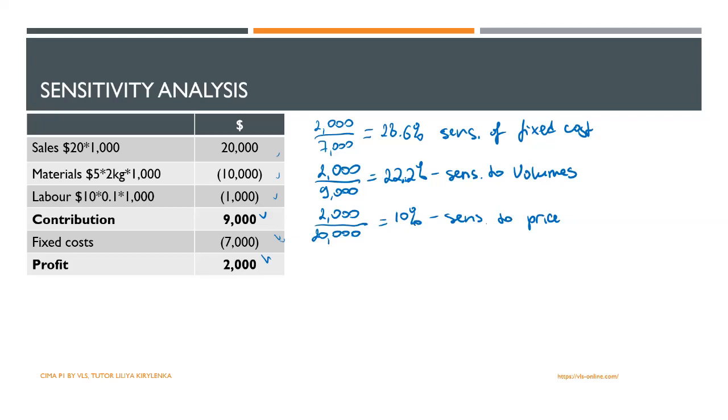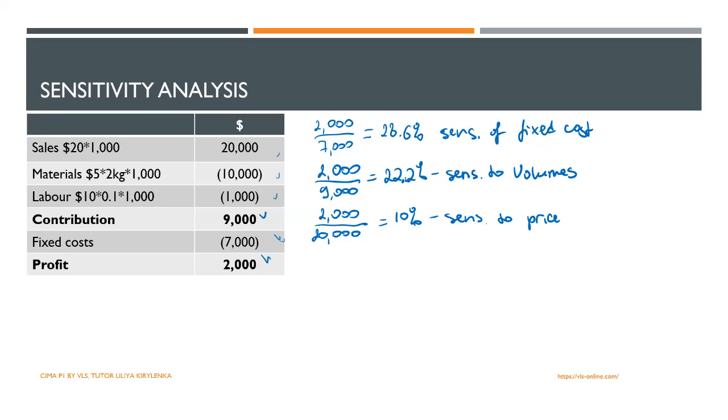As such, the percentage is going to be higher for volumes than for price. That's why it's more beneficial to decrease our volumes by 1% than to decrease the price by 1%, because it's going to have higher impact on profit.